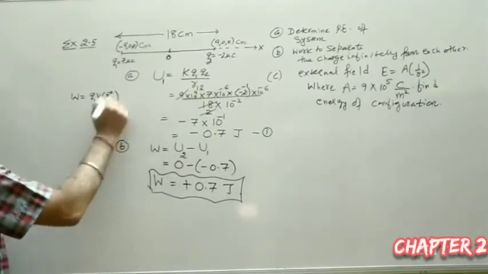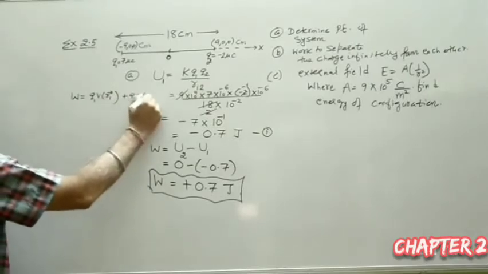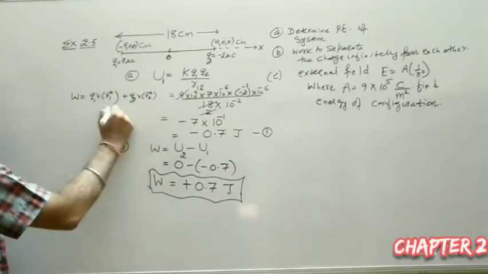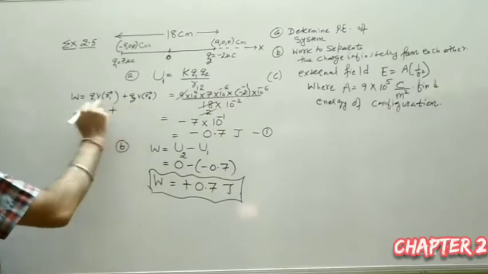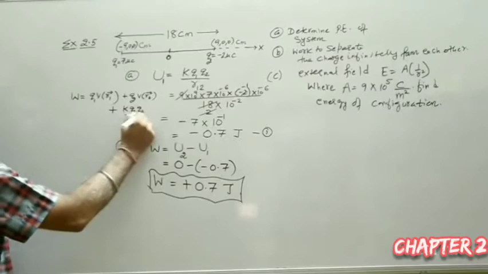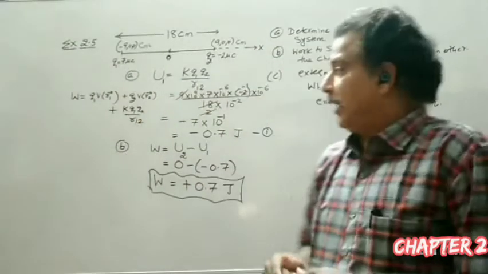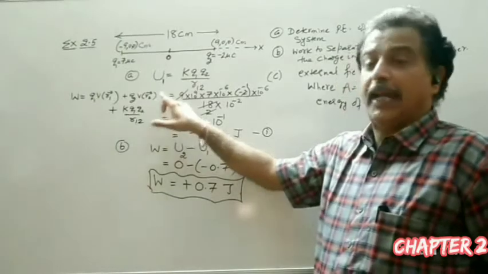So this was Q1 V1 against the field, then Q2 V of R2, plus the work done to bring both the charges near to each other, which was K Q1 Q2 upon R12. So this was our expression for an external field.